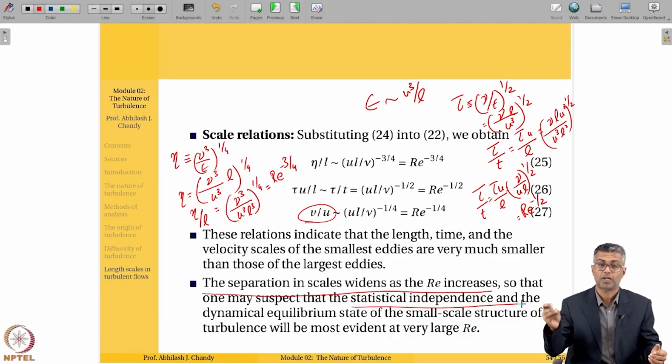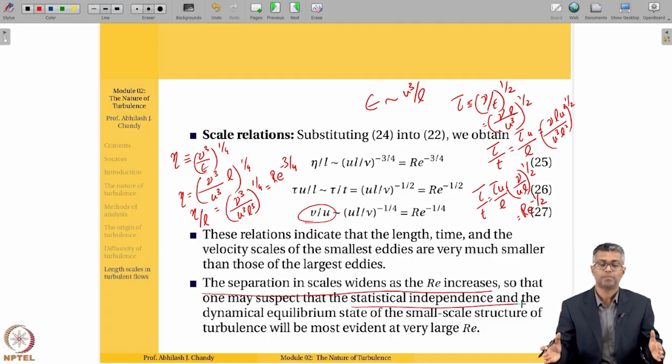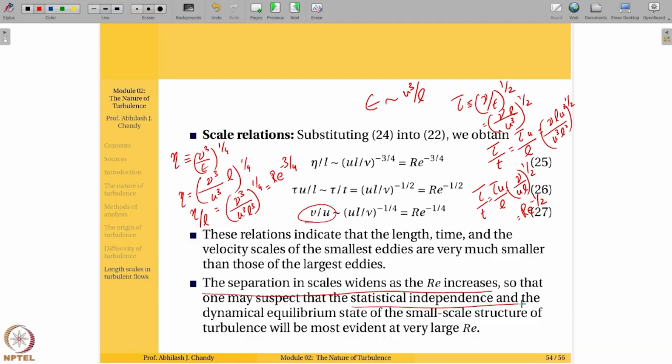And again, when we are talking about turbulent flow, we are just assuming that the Reynolds number is very, very high, which means the separation is already quite large between the small scales and the large scales. If that is the case, we can assume there is a statistical independence of the small scales and the dynamic equilibrium of the small scales as well.